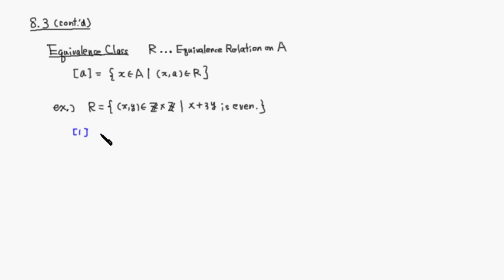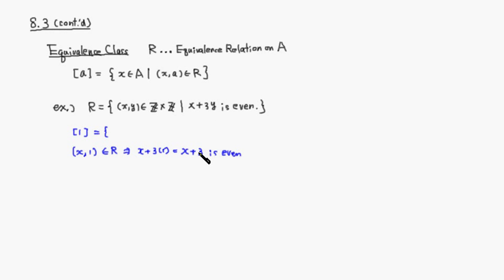Then you can see that x is related to 1 by this relation means that x plus 3 times 1, which is just x plus 3, is even.